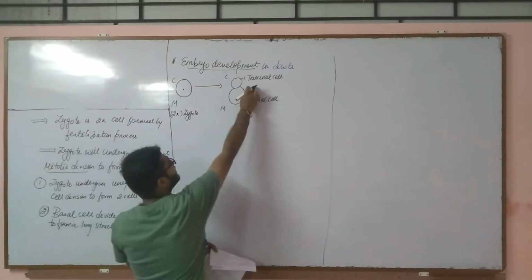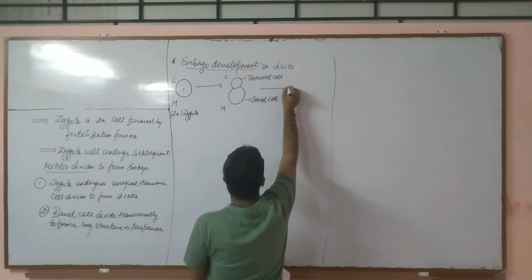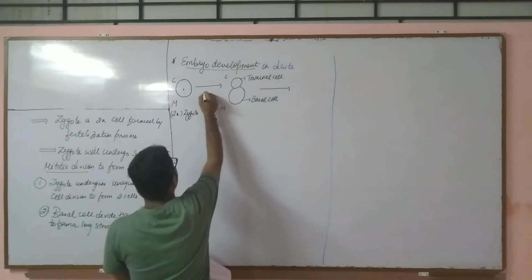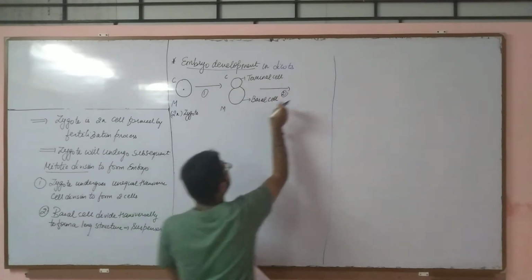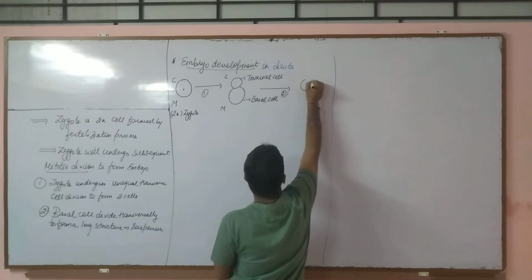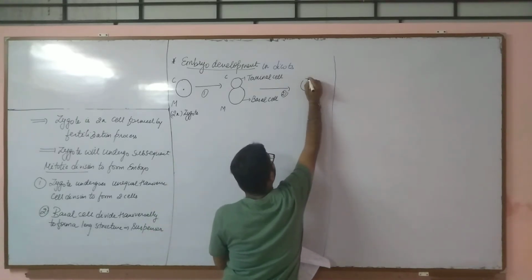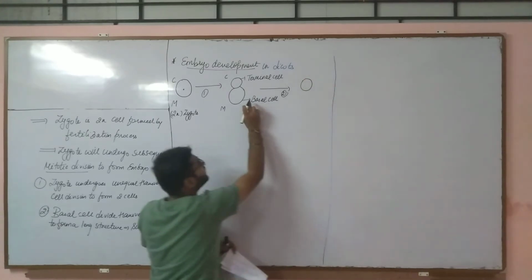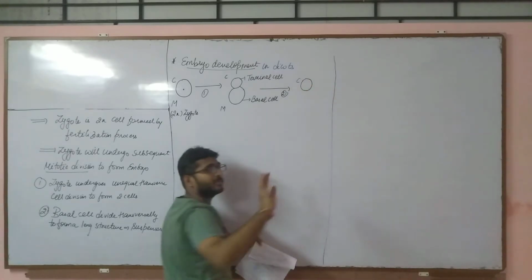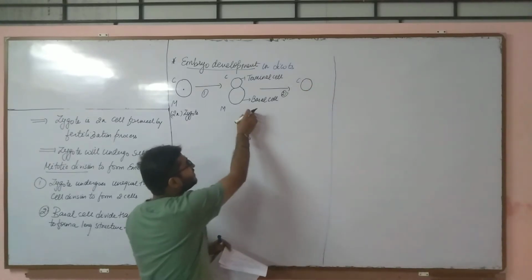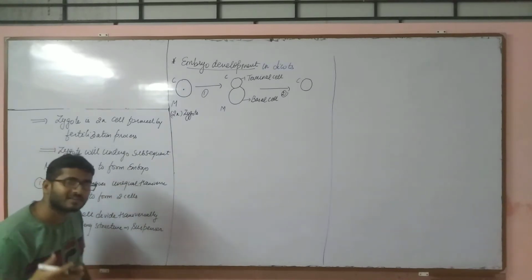So this is the terminal cell and this is the basal cell. Now what will happen? This basal cell will divide. This is step number 1. This is step number 2. The terminal cell remains as it is. We will see what happens to the terminal cell, but now we are focusing on the basal cell. So this is the C end and I am not labeling the terminal cell again. The basal cell undergoes several divisions to form a long structure which is called suspensor.